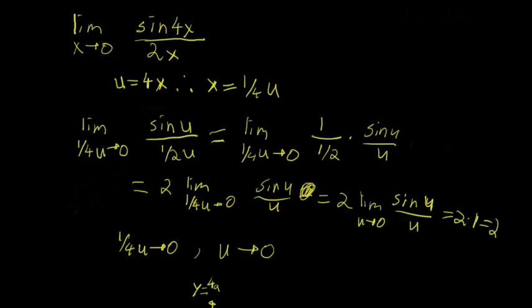So when we did that, this became 1/2 u, and 1 divided by 1/2 is 2. The 2 could be pulled out here, because the limit of a constant times a function is that constant times the limit of the function. And we were thus able to get this into the form sine u over u.